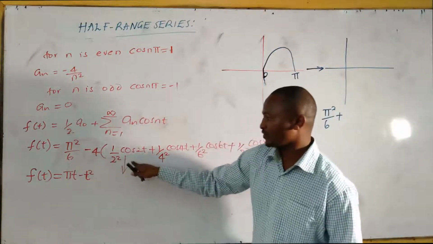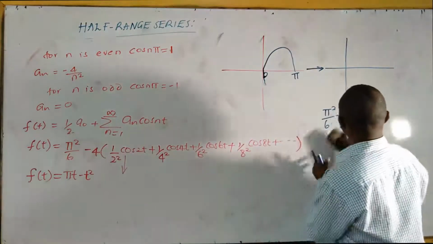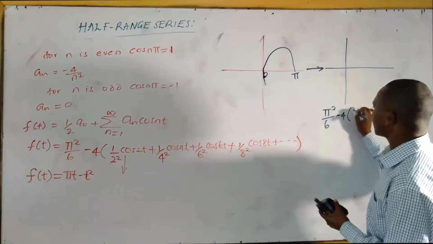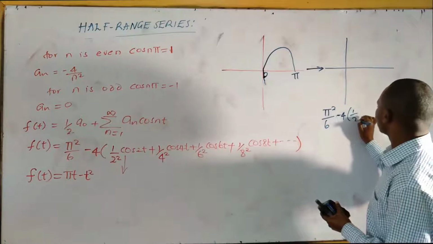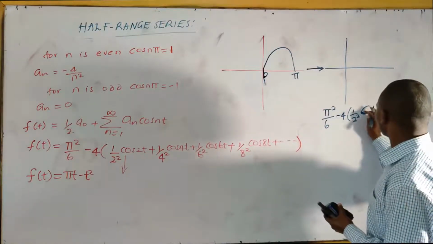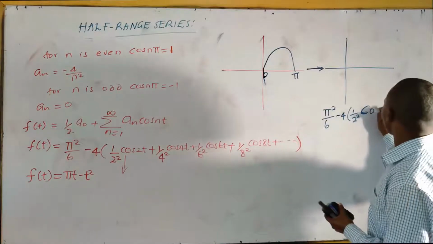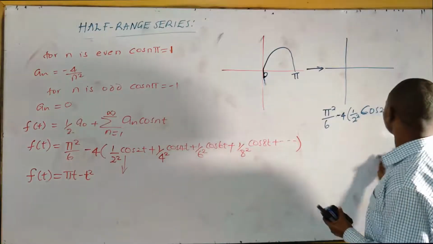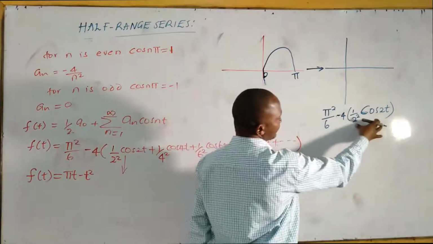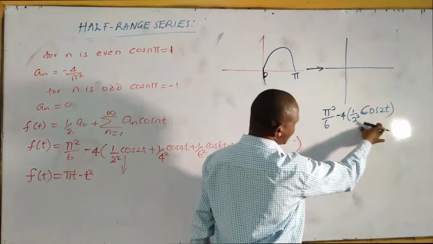Open the bracket with negative 4, 1 over 2 squared, cos 2t. This is the constant term, this is the fundamental harmonic.